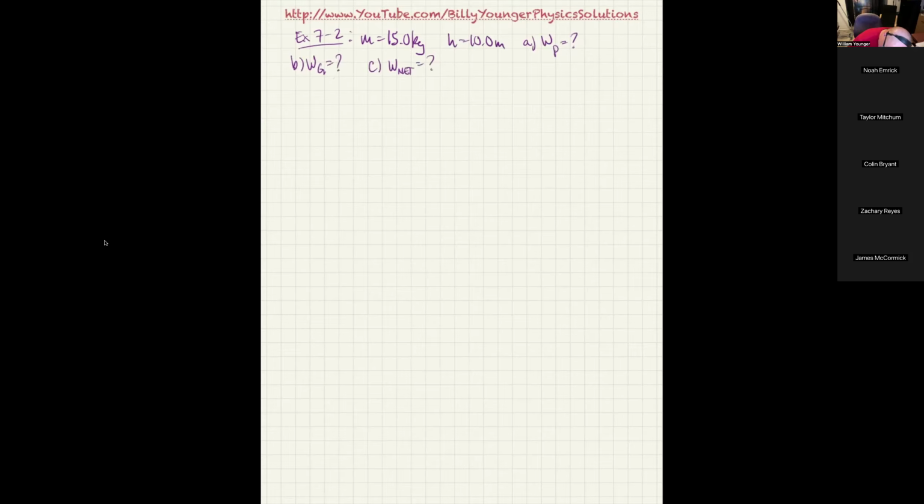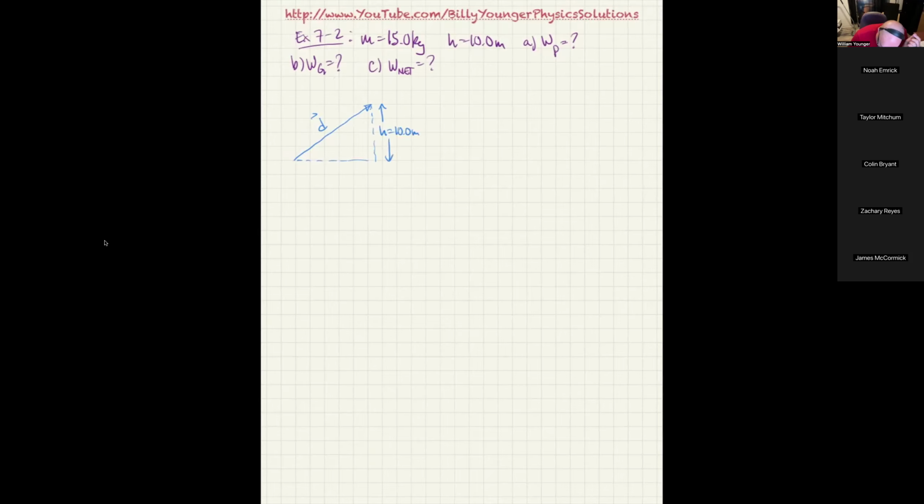Our diagram, however, is this. We're picturing this as our displacement vector, and in fact, this displacement vector can be thought of as going up an incline. The incline has a height h equal to 10.0 meters, like that.